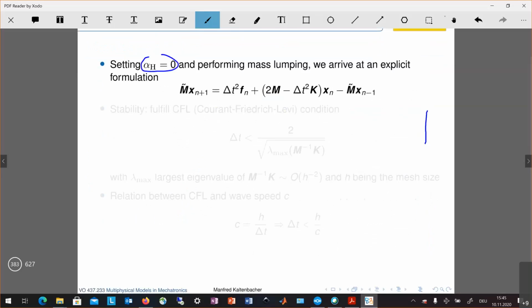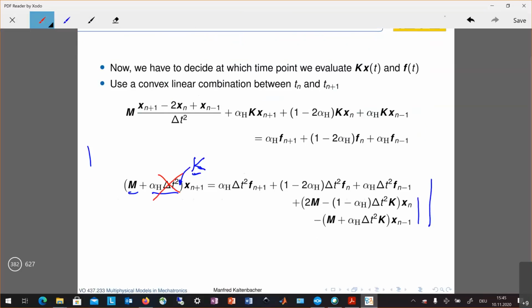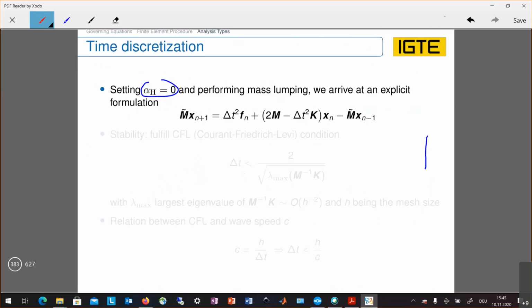Okay, so a possibility would be to set this parameter to 0, because when you set this parameter to 0, when we go back, you clearly see that this term will cancel out, and the whole system matrix will be just the mass matrix.